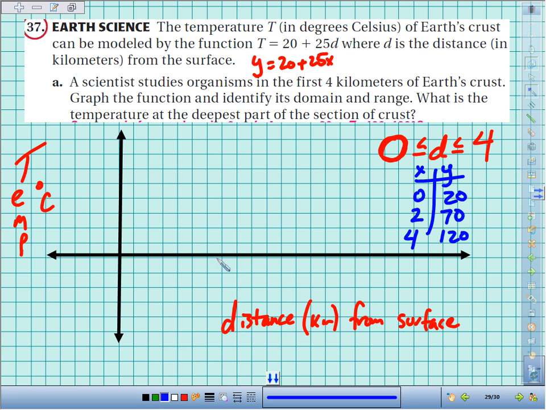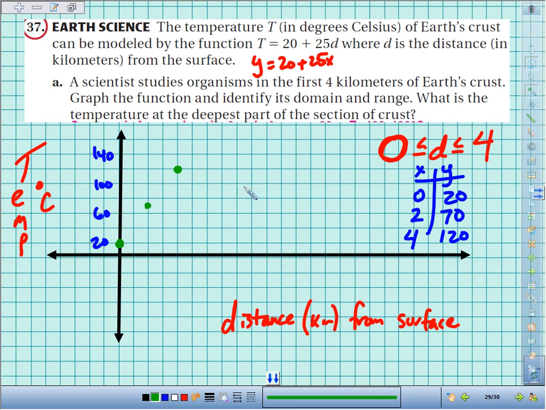So you look and you say, x's go from 0 to 4, hey, no problem. The y's go from 20 to 120. I'm going to have trouble fitting that unless I change the scale. Let's go by 20s. 20, 40, there's 60, 80, there's 100 degrees Celsius, 120, 140. If we plot the points, we have 0, 20, 2, 70, 4, 120.